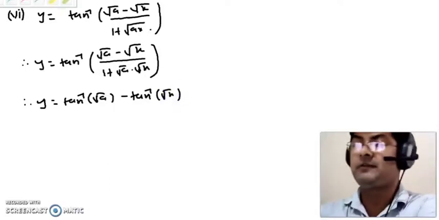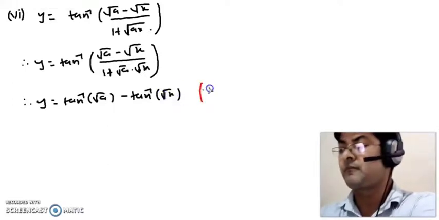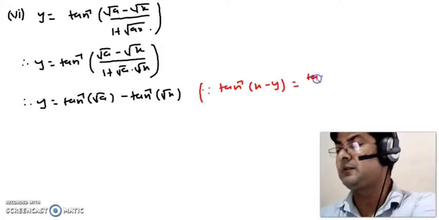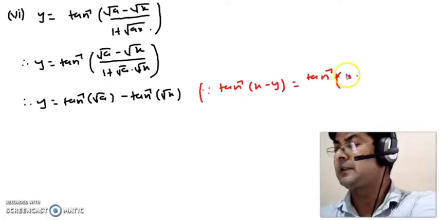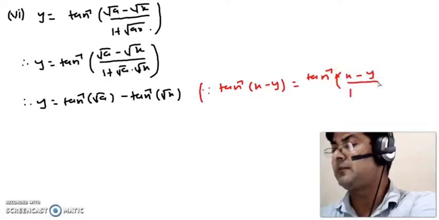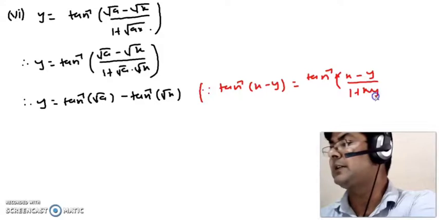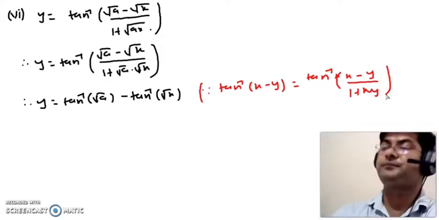Since we have a formula, tan inverse x minus tan inverse y is equal to tan inverse of x minus y upon 1 plus xy. Okay, this is the formula.